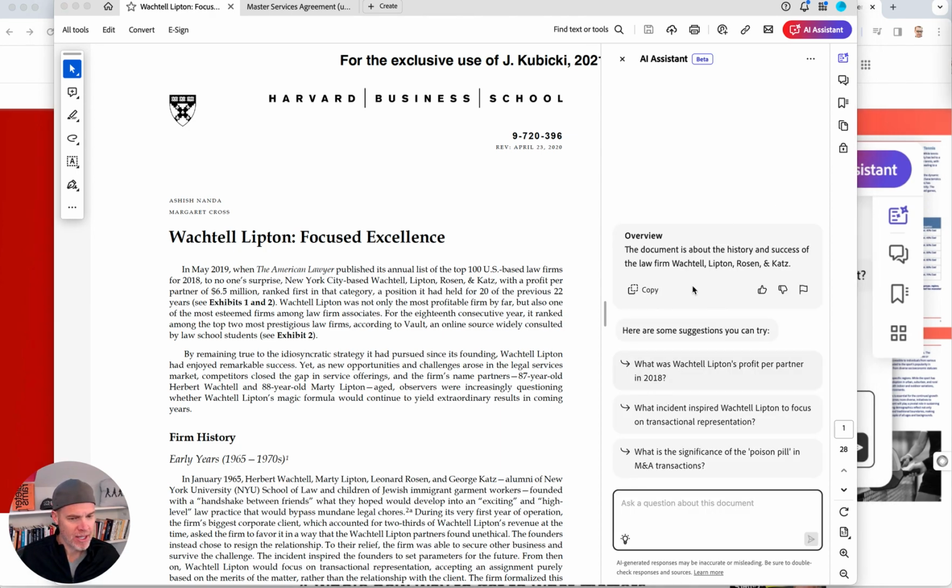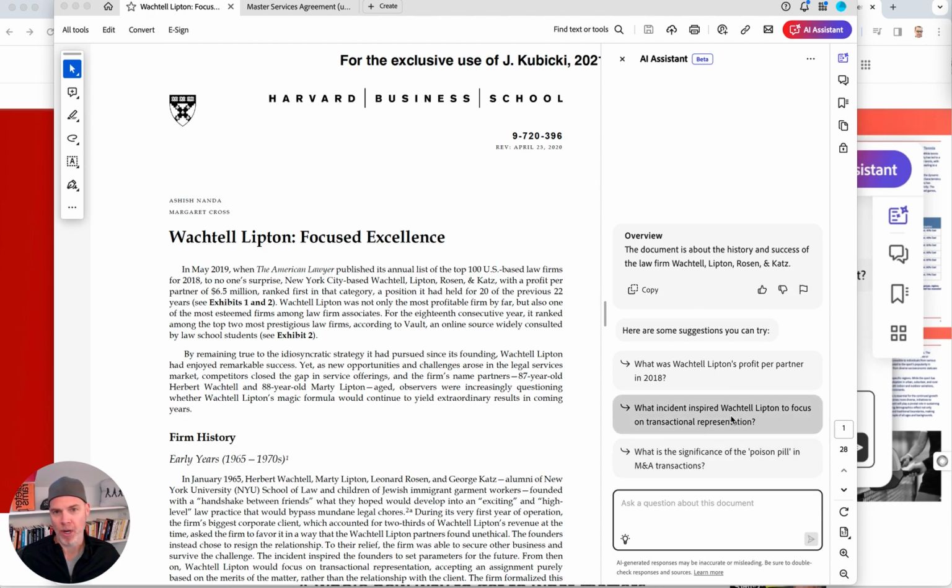Okay, so you can see that it went through this document, and it has some suggestions to try. What was Wachtell Lipton's profit per partner in 2018? What incident inspired Wachtell to focus on transactional representation? And what's the significance of the poison pill? And Marty Lipton, for those of you that know the legacy of Wachtell and its role in M&A transactions.